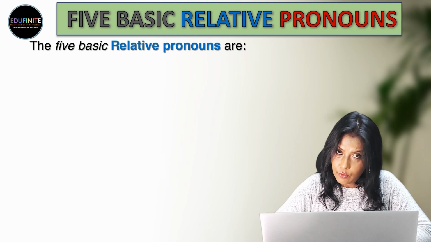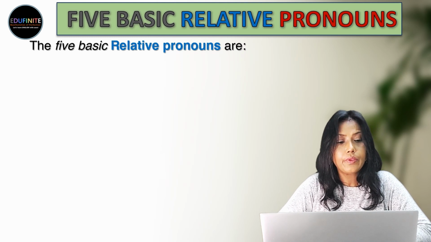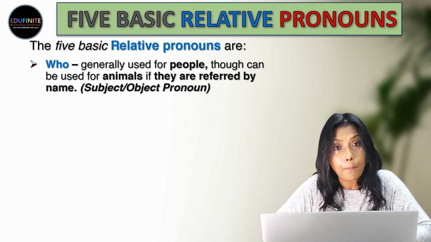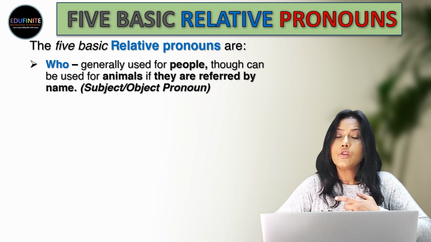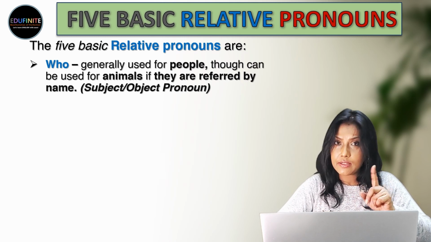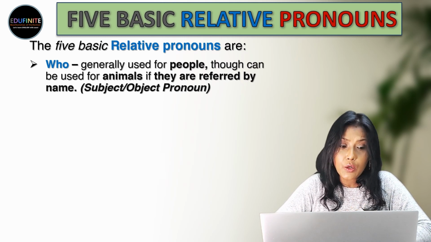So the 5 basic relative pronouns are, first is who. Now generally used for people. We do not use it for things or animals as such, but there is an exception, though, who can be used for animals if they are referred to by name.